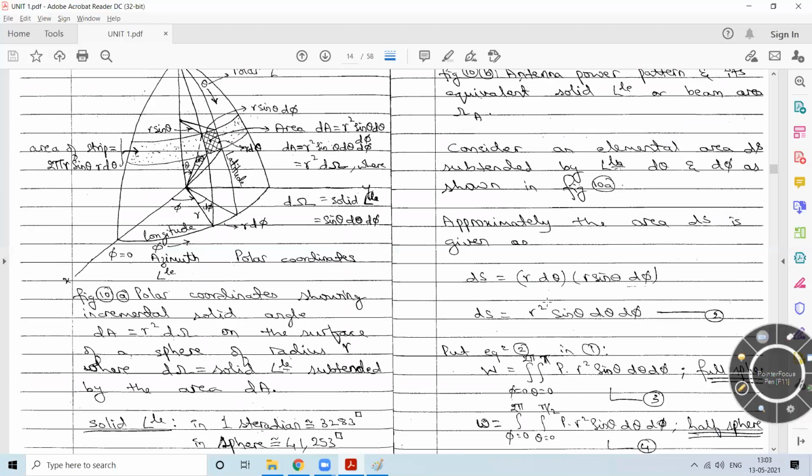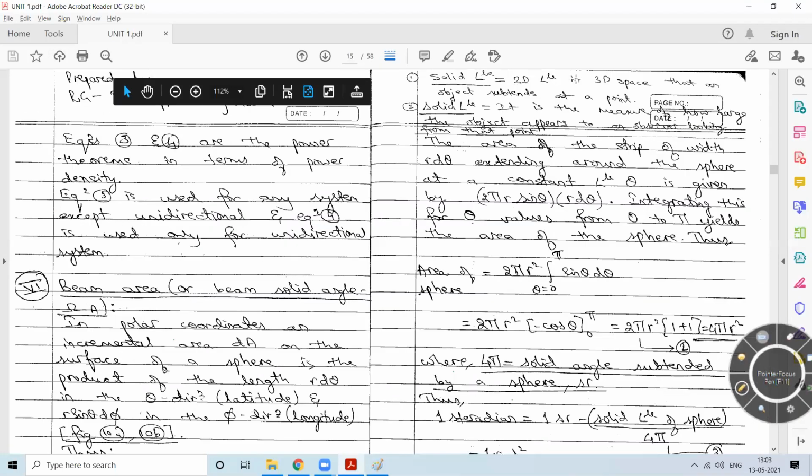In this case, sine theta d theta d phi gives you the d omega value, which is the elemental solid angle. So what is a solid angle? In short, the solid angle is defined as the two-dimensional angle in 3D space that is subtended by the object.